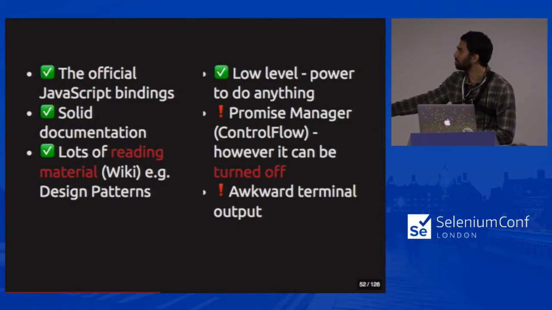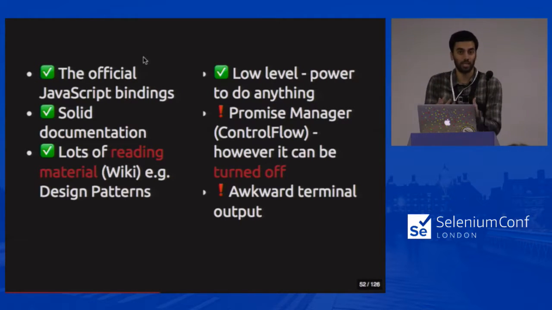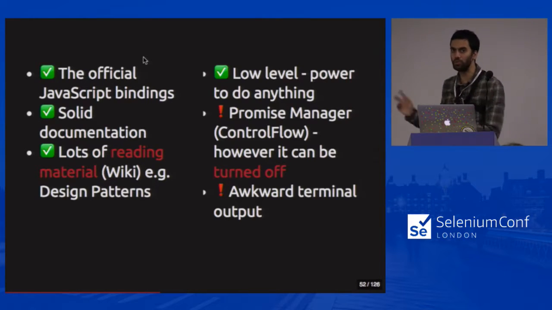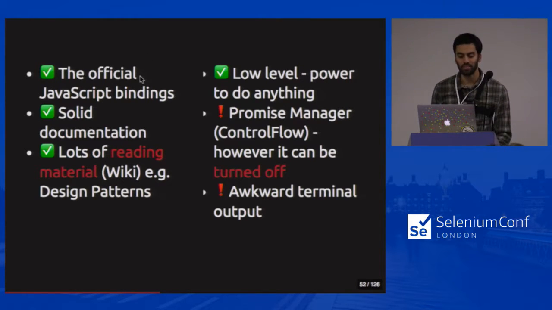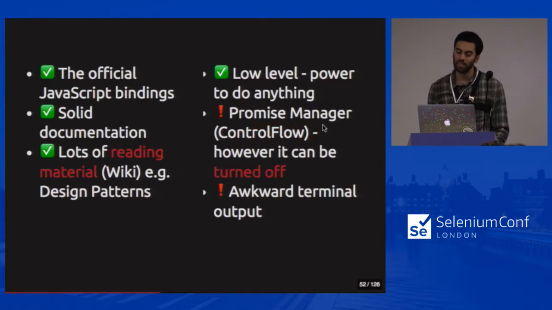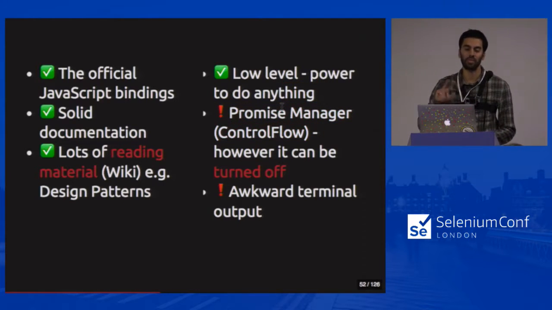So the good and bad points, in my opinion. One of the best parts about it is it's backed by the core team. In fact, there are people at this conference, I think, who work on this. So having the official JavaScript bindings for something is a pretty big deal. Lots of documentation, lots of reading material. What else? Promise manager. Yeah, I'm not going to go into this too much. We can talk after. But they're doing something funny when it comes to queuing calls to the browser up.